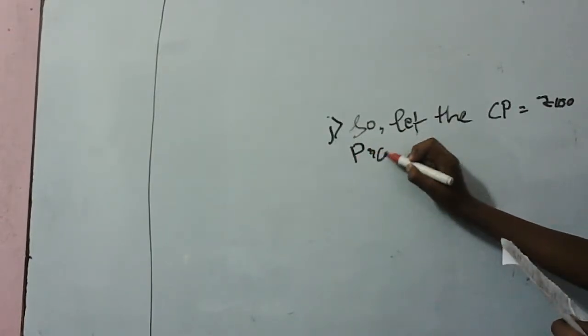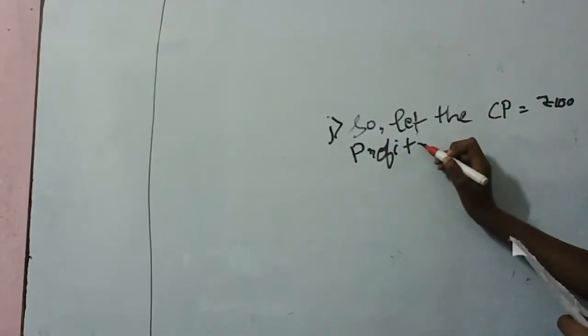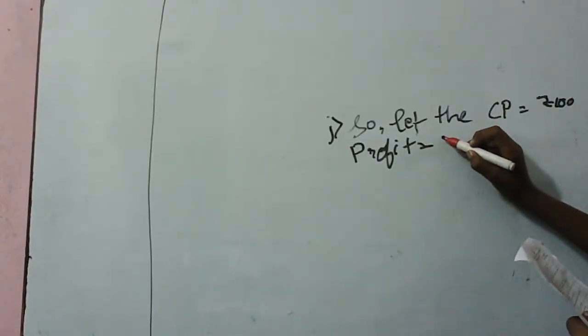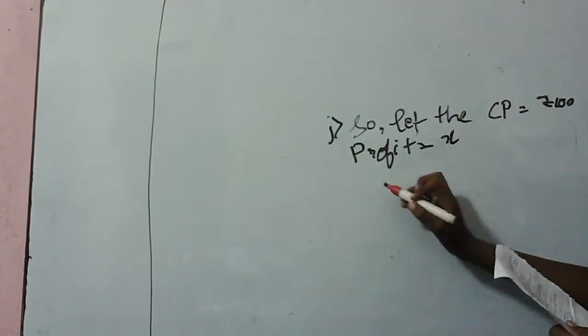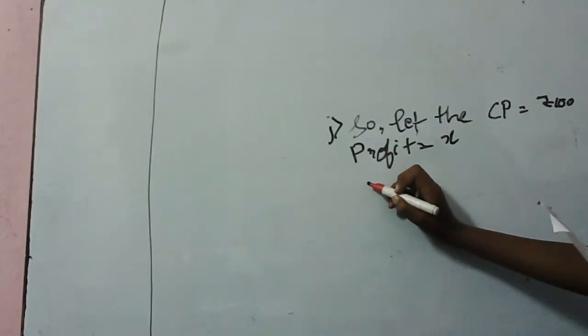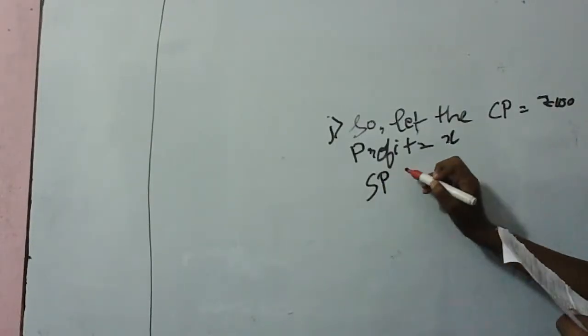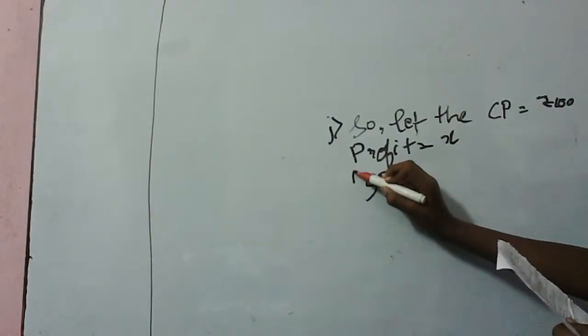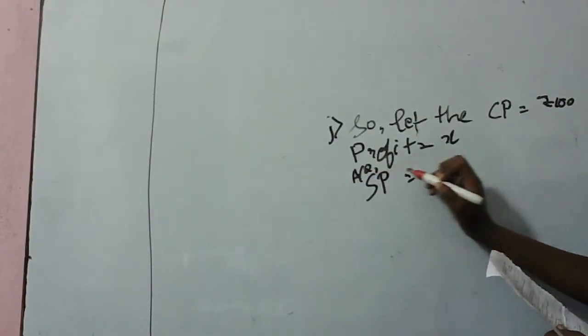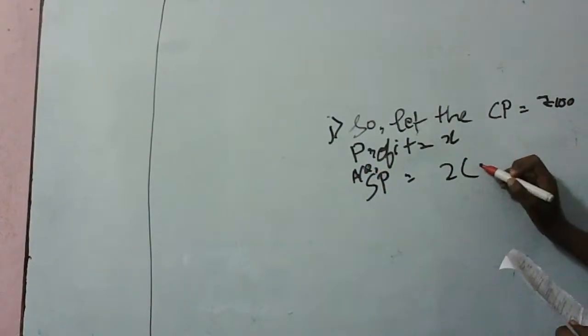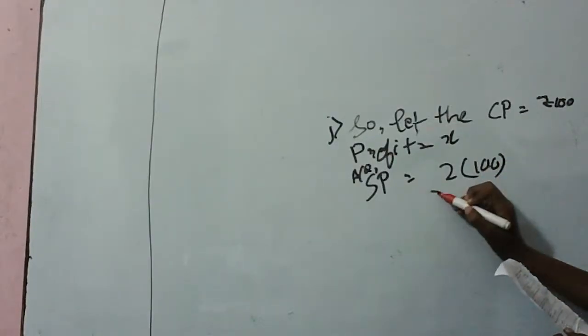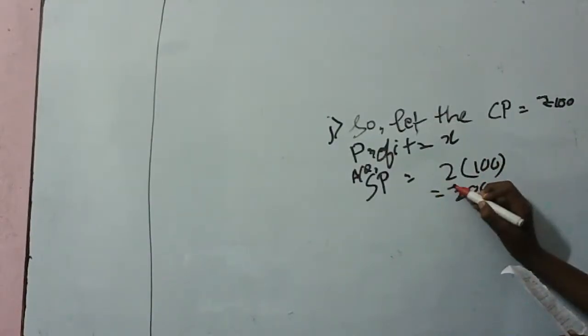Profit equals x. According to question, SP equals twice of 100 equals 200 rupees.